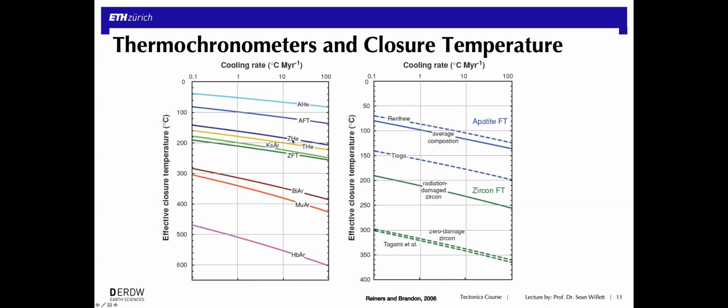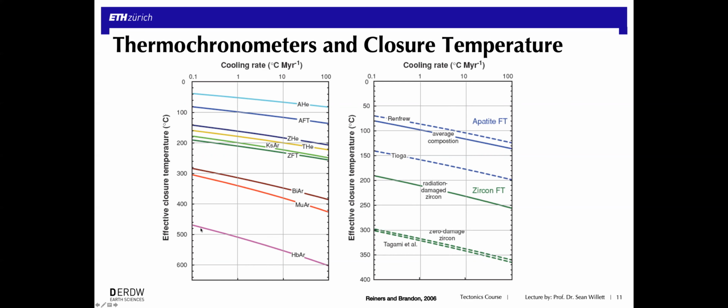This is zircon helium. This is potassium argon dating. There is the ability to measure helium in titanite, zircon fission track, biotite argon, muscovite argon, hornblende argon. So these are the effective closure temperatures.